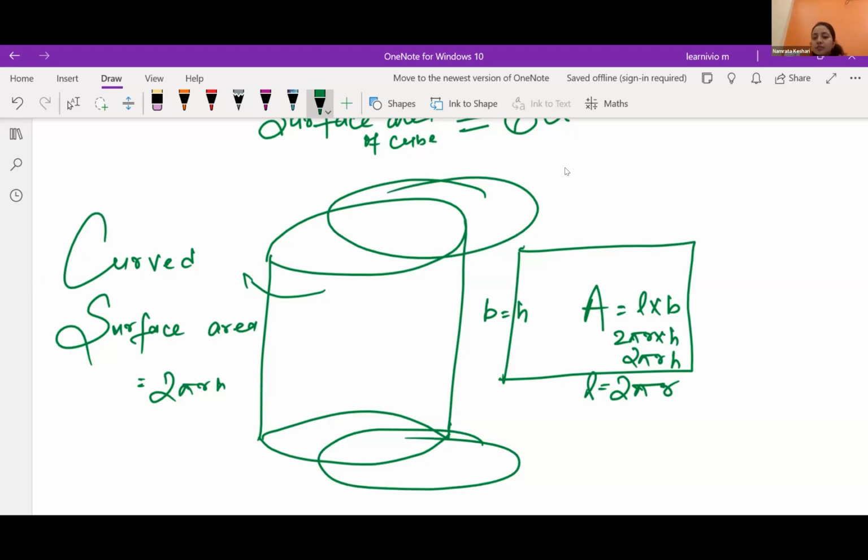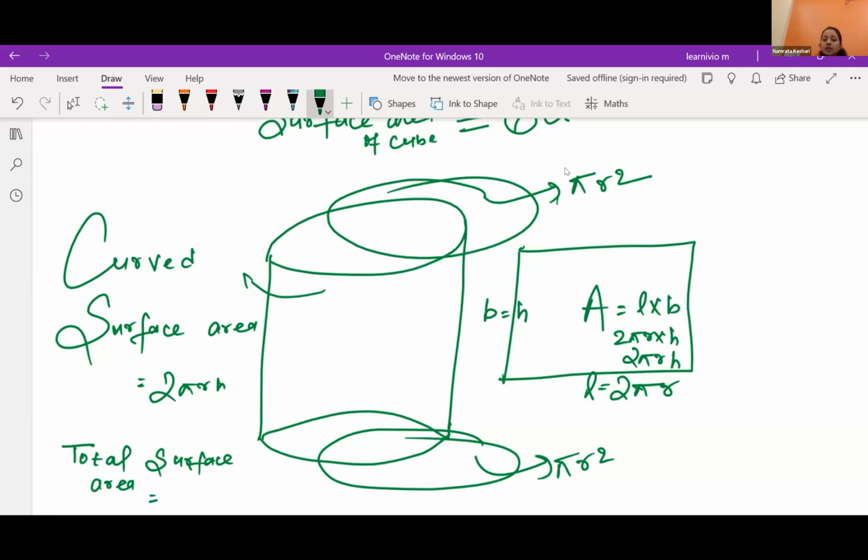Both are just flat surfaces, that means circles. So these two areas we also need to take when talking about the total surface area of the cylinder. Total surface area means the curved surface area 2 pi rh, and also the area of the circles, pi r square plus pi r square.